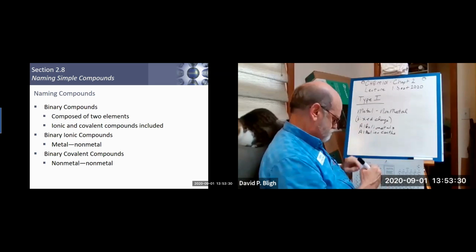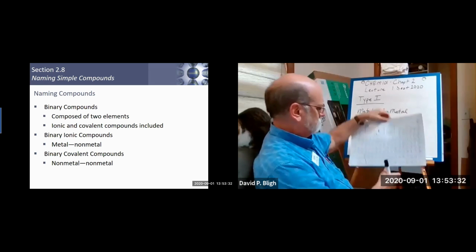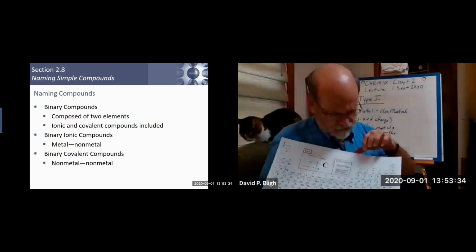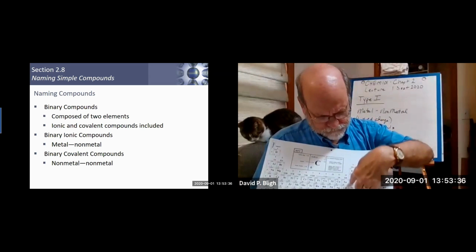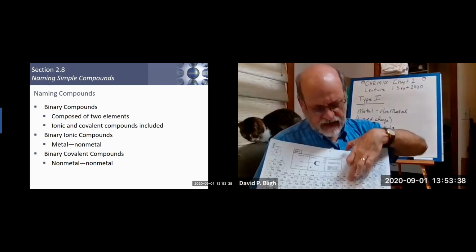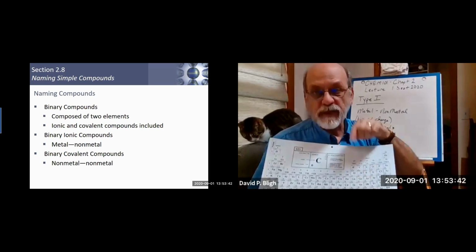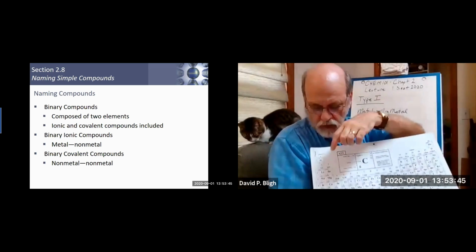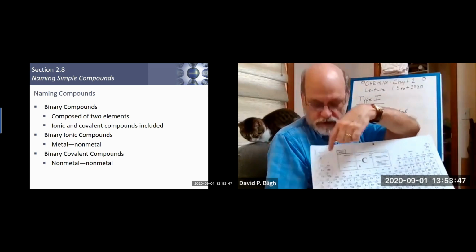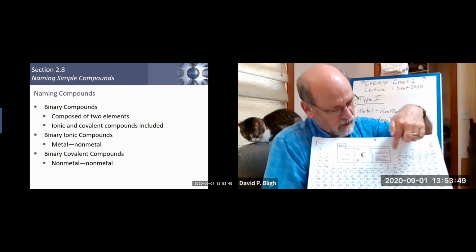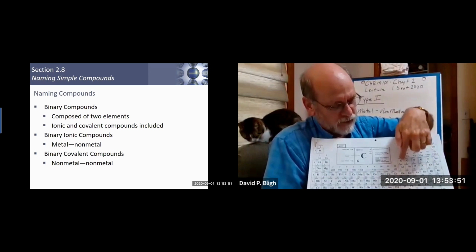Oh, one exception: the boron group. When these elements are in ionic compounds, they always have a +3 charge. So the first column is +1 charge, second is +2 charge, and this group is +3.